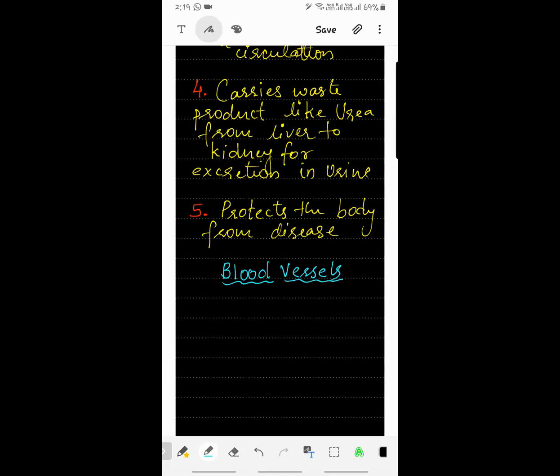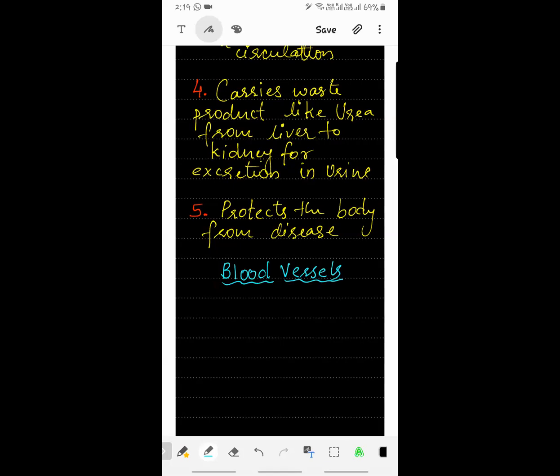Imagine the tank is the heart, the water is the blood, and the pipes connected to the tap, wash basin, bathroom and kitchen are like blood vessels. Whenever you need water, you open the tap and the water comes. In the same way, our blood vessels are just like tubes or pipes which carry the blood.